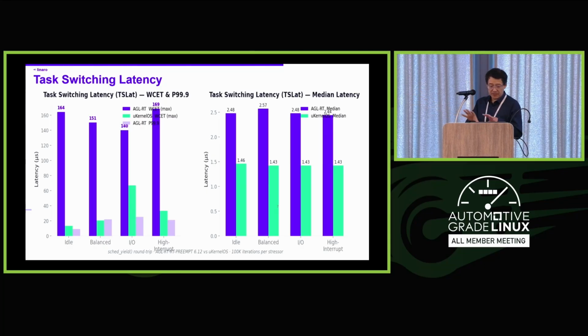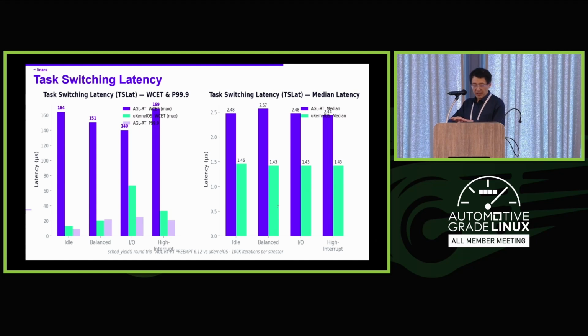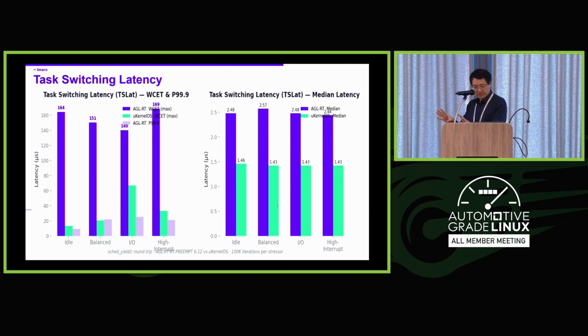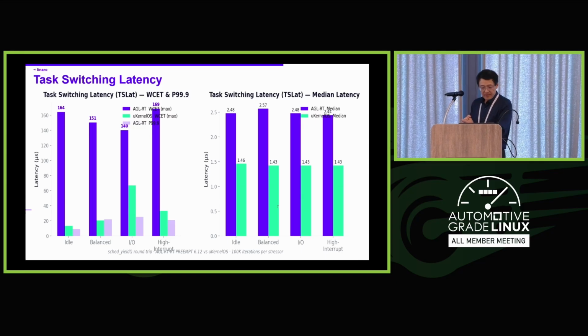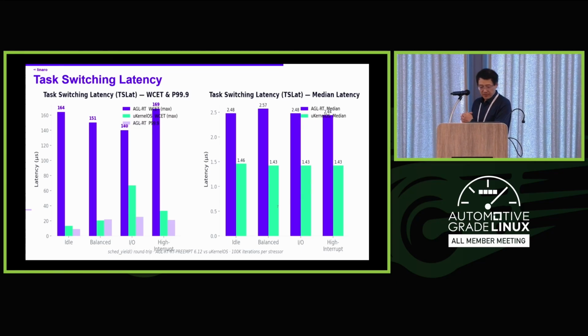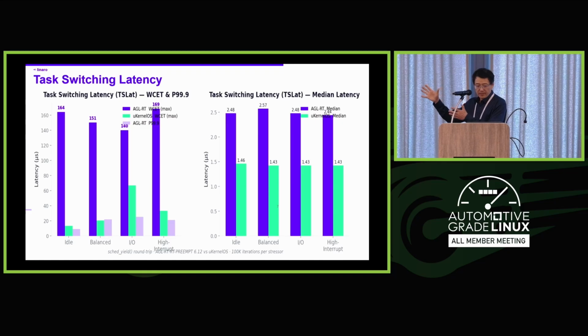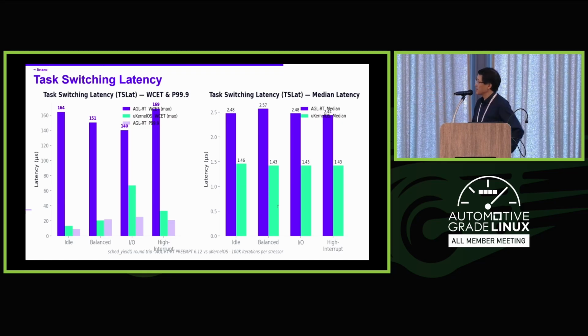Balanced means a balance across IO intensive, CPU intensive, and also interrupt storming, etc. This combination. And also there is a higher interrupt stress. In each stress case, how does task switching latency behave, right?